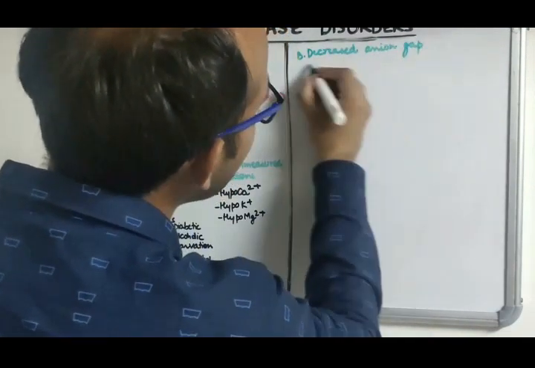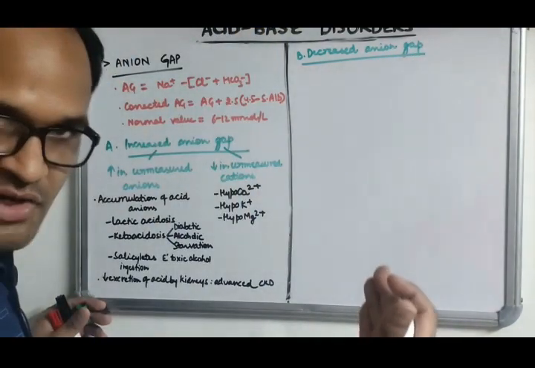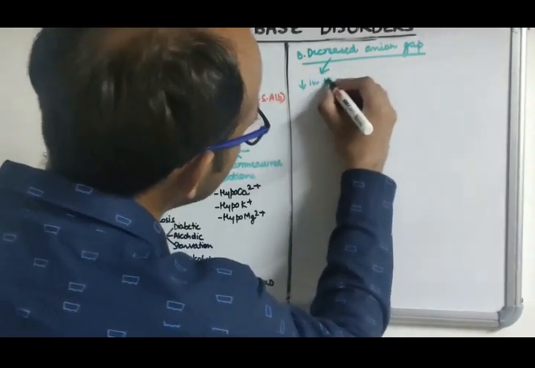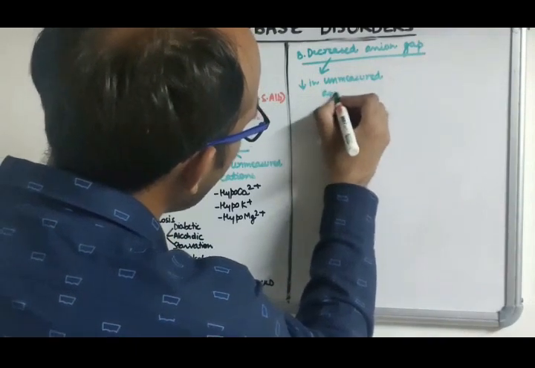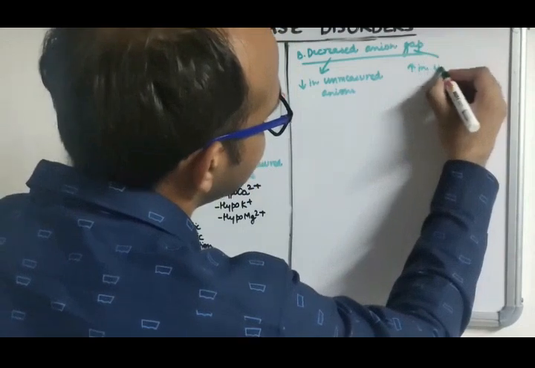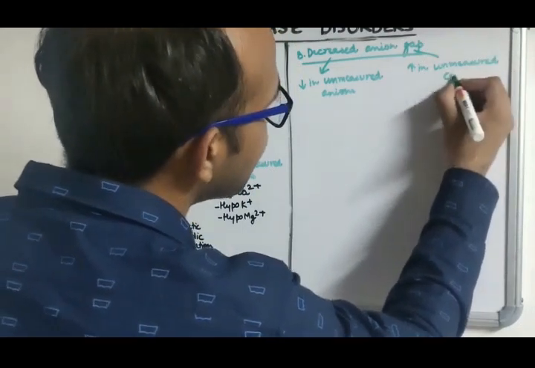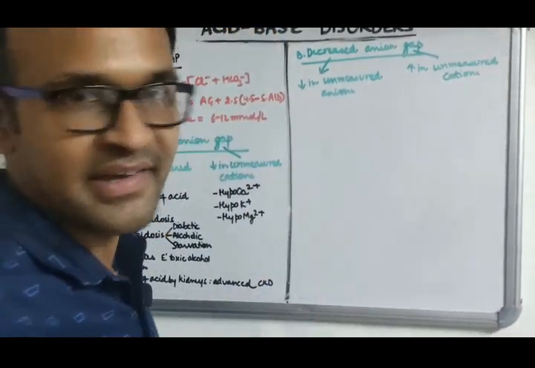Again, I've told you anion gap increases when there is an increase in unmeasured anions. So similarly, it decreases when there is a decrease in unmeasured anions, or if there is an increase in unmeasured cations. It's very easy to remember that anion gap increases if anions increase and cations decrease.